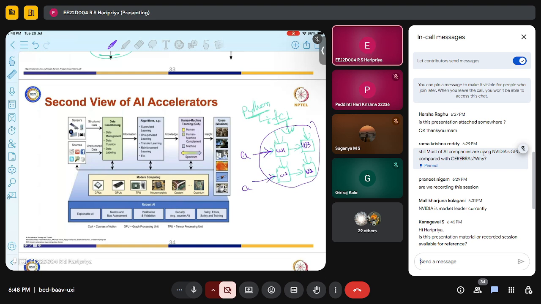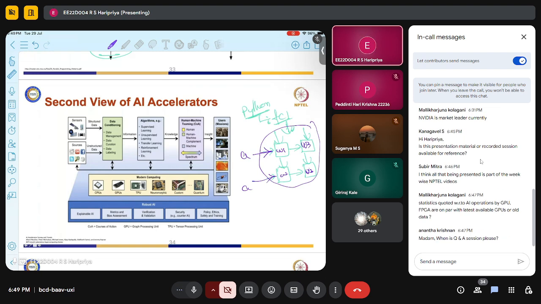So for that we have frameworks. For the TPU, TensorFlow Lite provides some options, and for the NVIDIA GPU we have CUDA or cuDNN and so on.